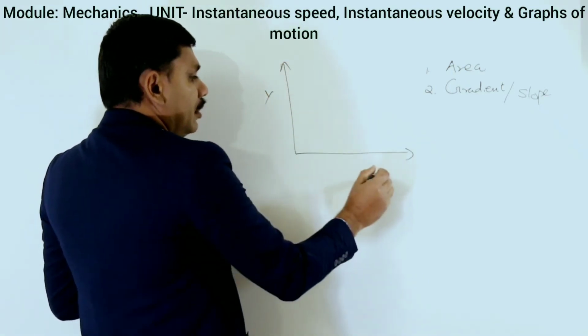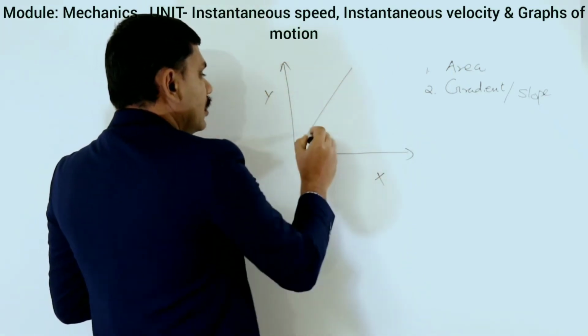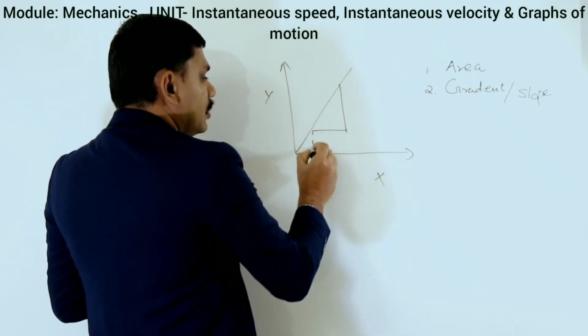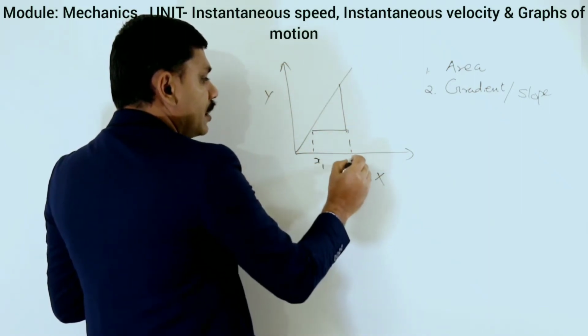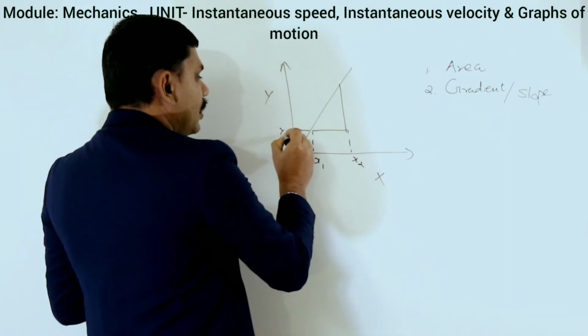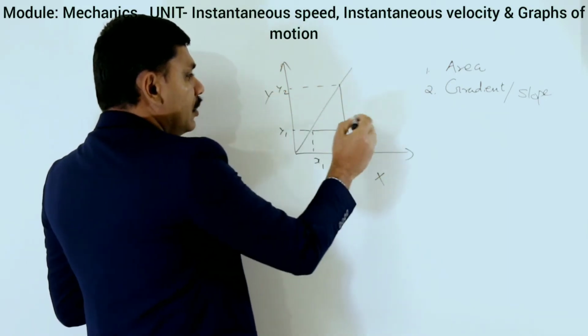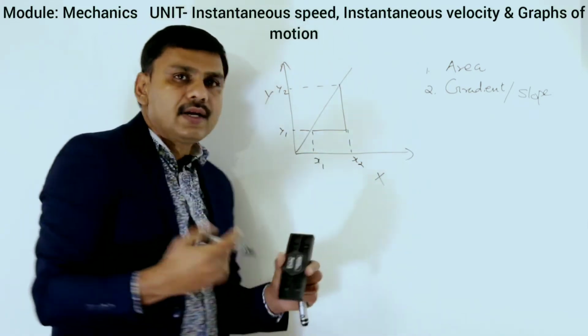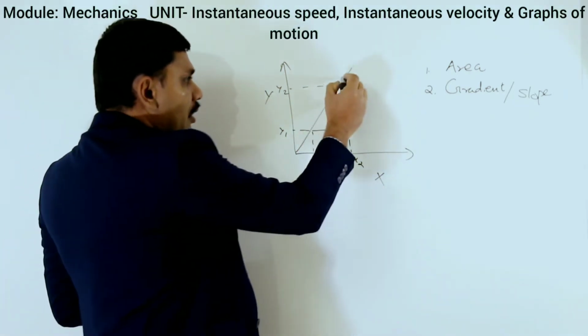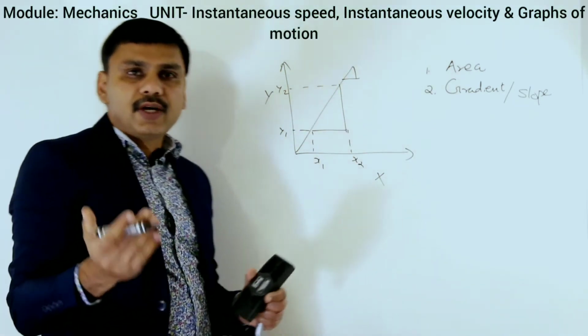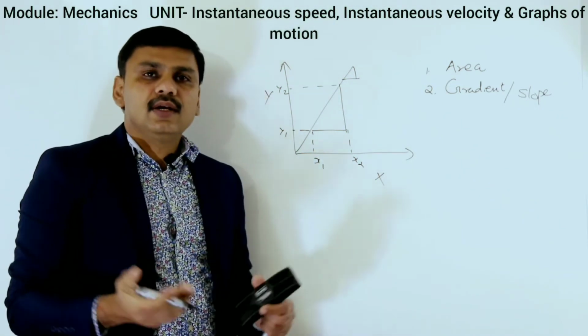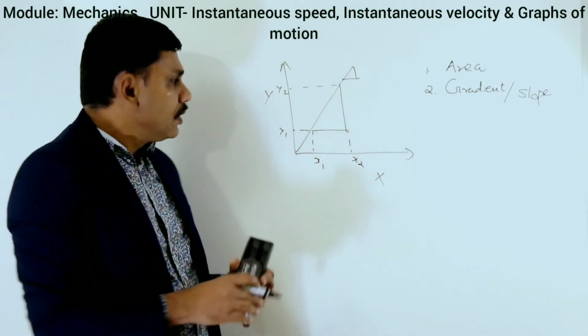Y, x, this is a triangle, this is x1, this is x2, this is y1, this is y2. So you will get y2 minus y1 and x2 minus x1. You can make the triangle anywhere. Corresponding y2, y1, x2, x1, you can measure from the graph.